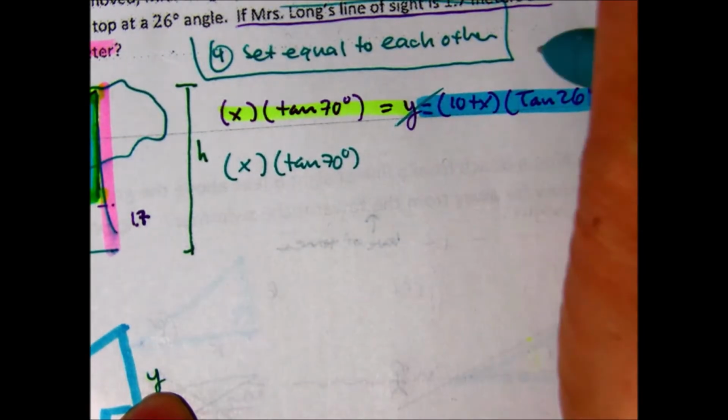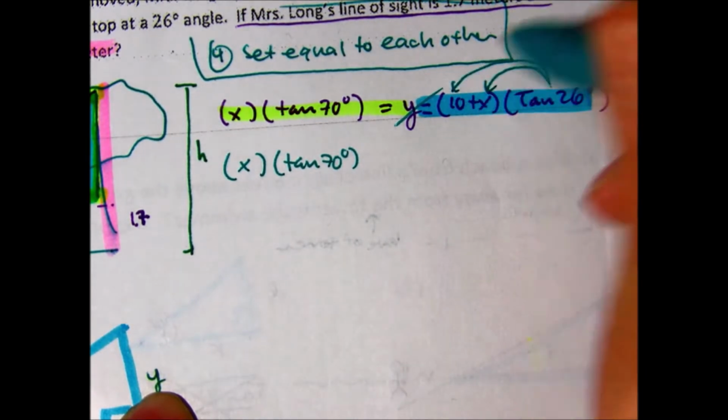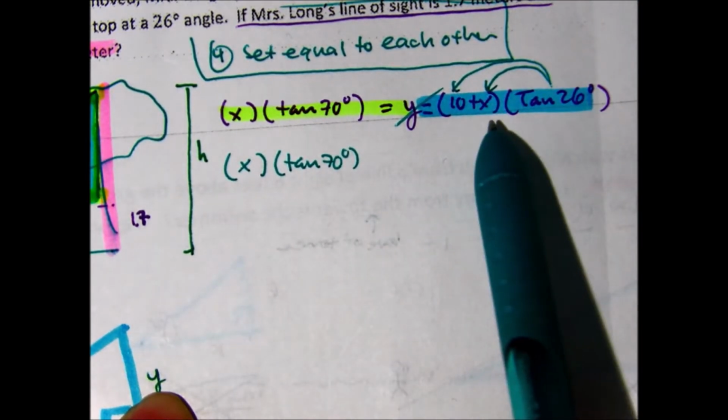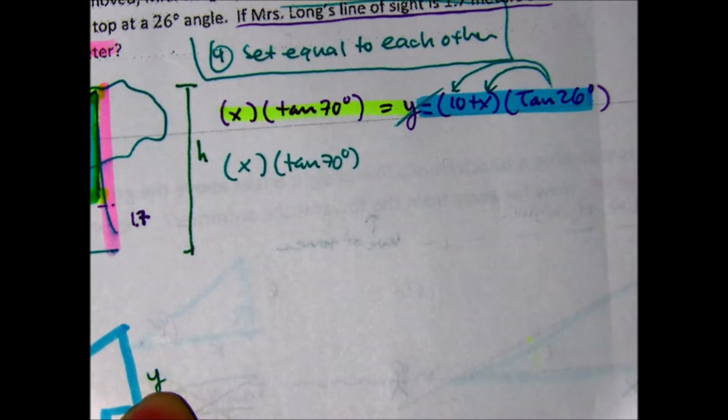Here, this is where I'm going to distribute. And the reason why I have to distribute is that I want to get the x's by itself so I can solve for the variable x.